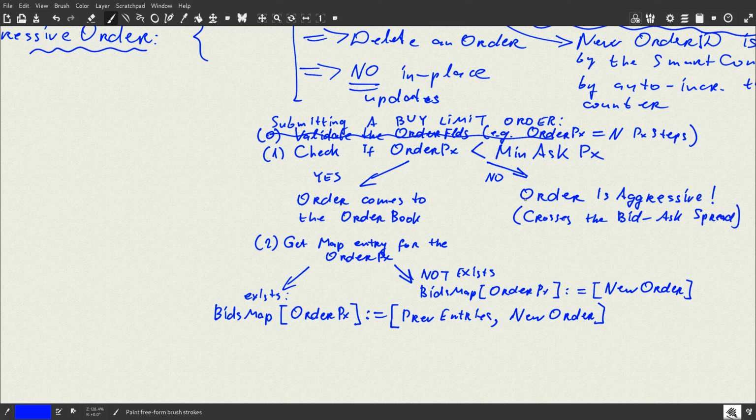If it does not cross the bid-ask spread, so it is still strictly less than the minimum ask price, then we install it into the order book. Otherwise, we need to handle an aggressive order. How to handle an aggressive order, we'll see shortly.